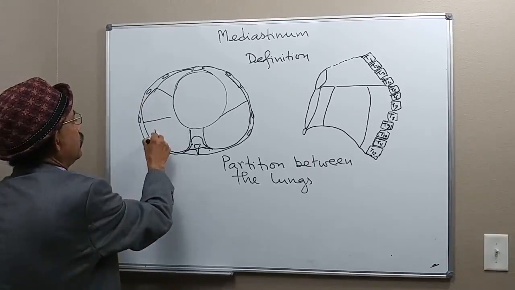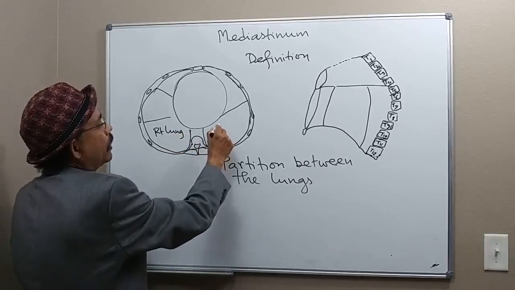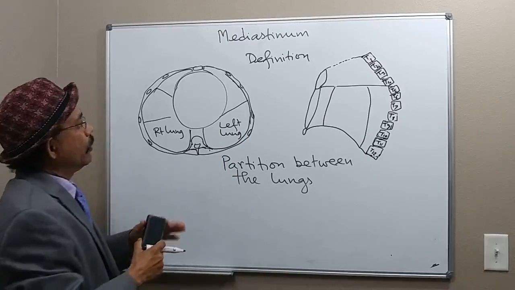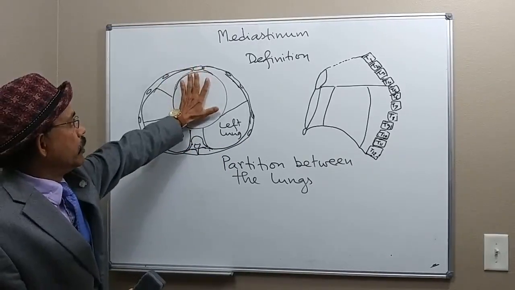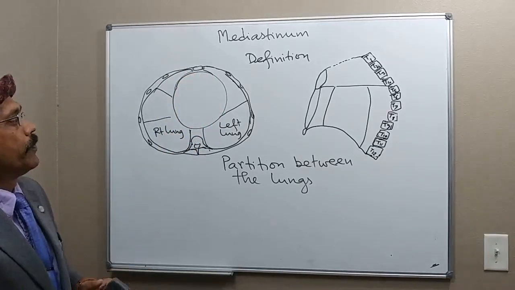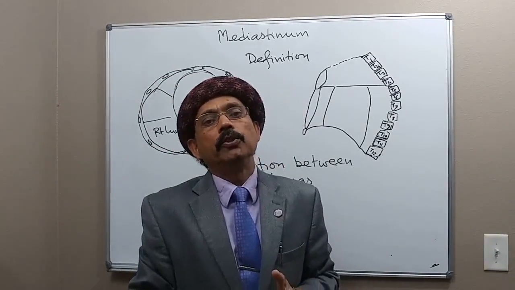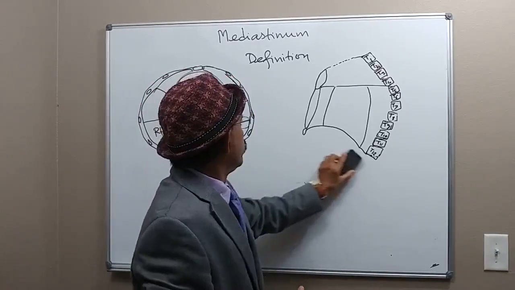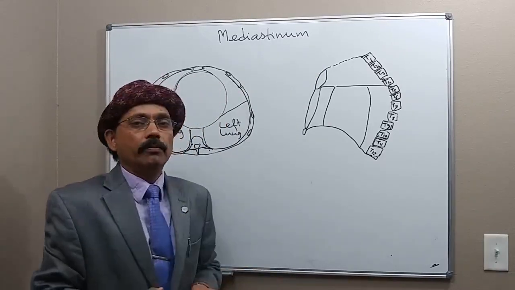This is the right lung, and this is the left lung, and all the structures in between the two lungs, between the left lung and the right lung, form the mediastinum. So the mediastinum is a group of tissues between the lungs. So we have the definition of the mediastinum.